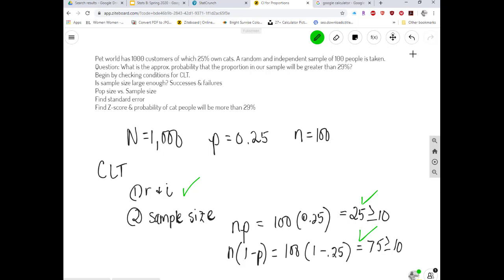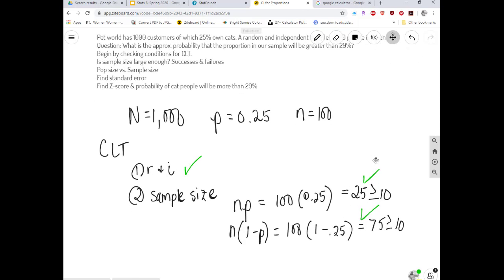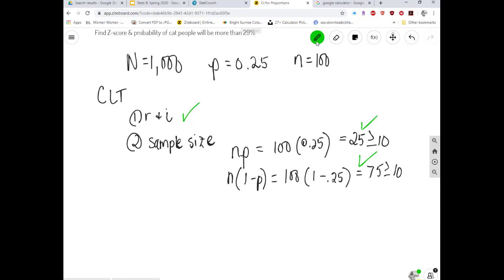Okay, I'm going to scooch this down a little bit and go back to my black pen. And the last one is the population size. And that means that the population size has to be greater than or equal to 10 times the sample size.